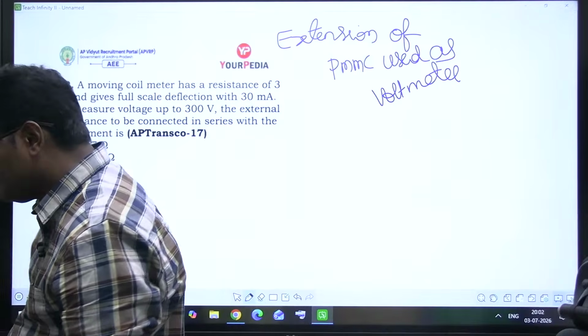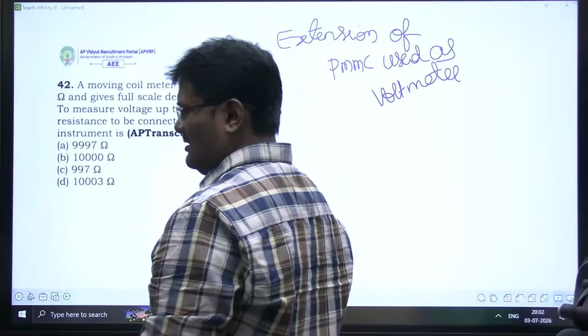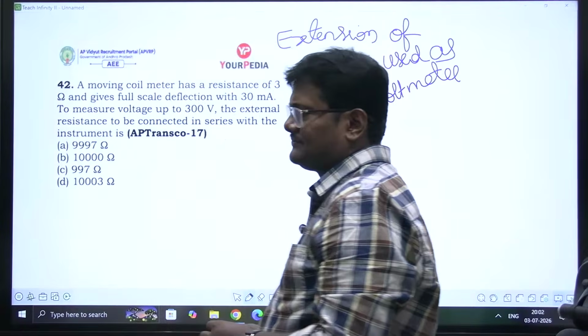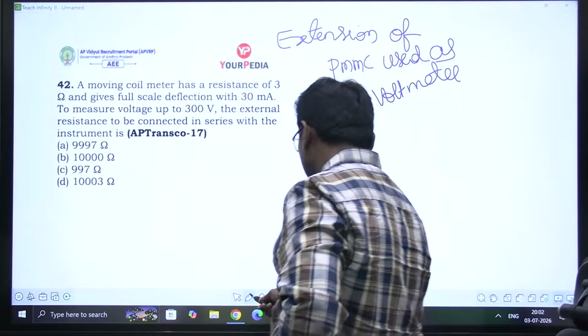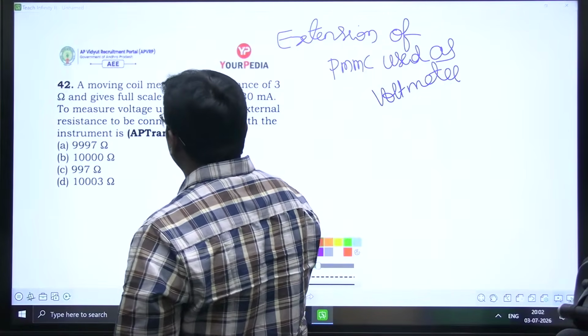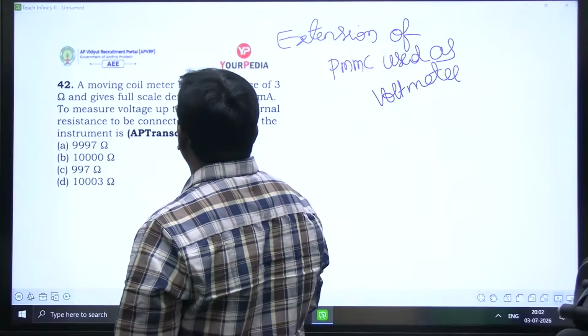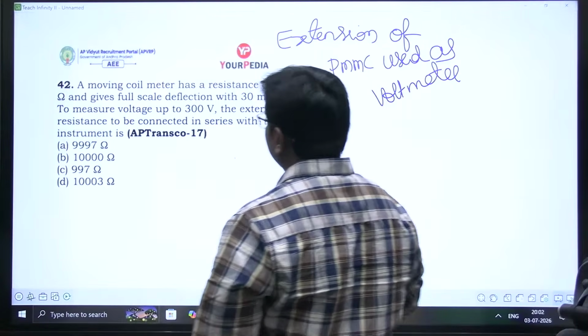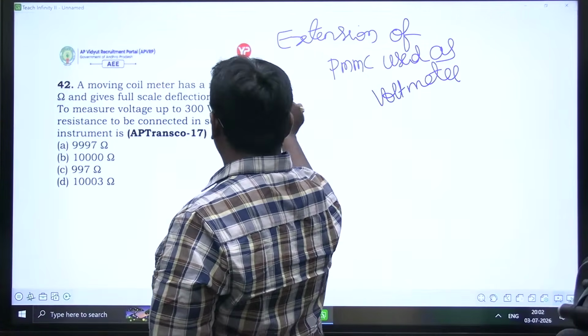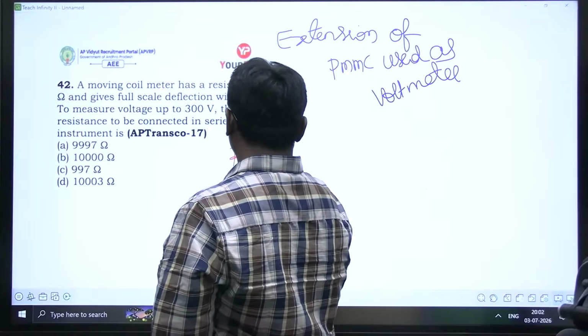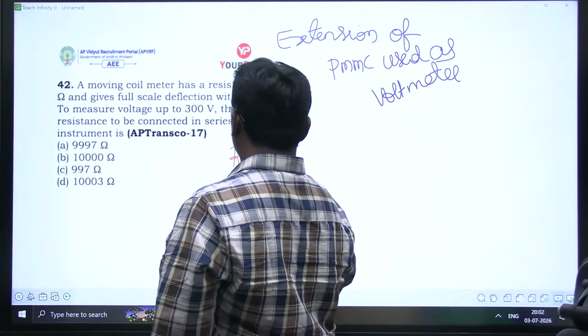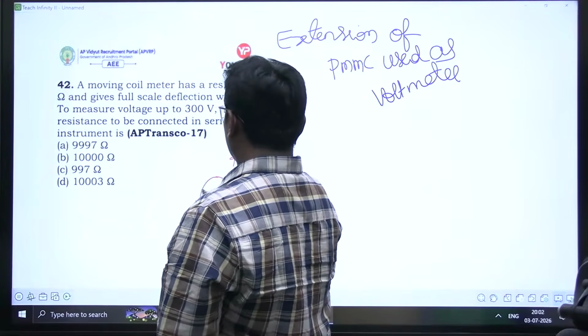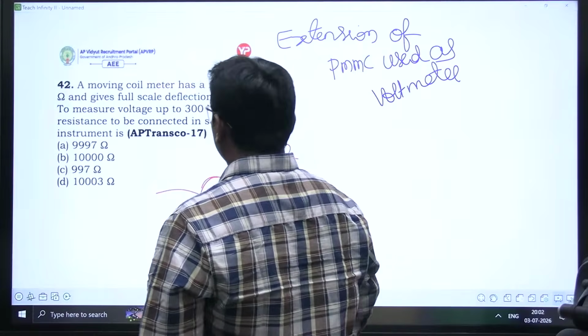C. Is it C? Check. So meter resistance is 3 ohms.